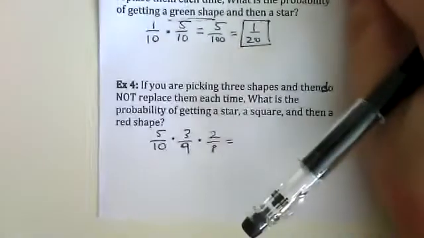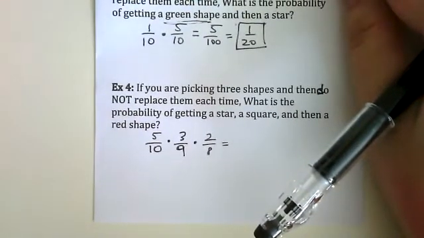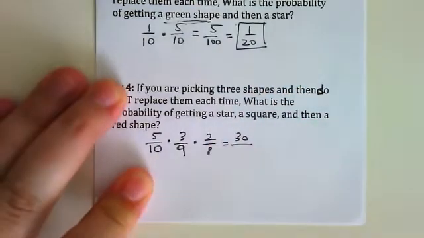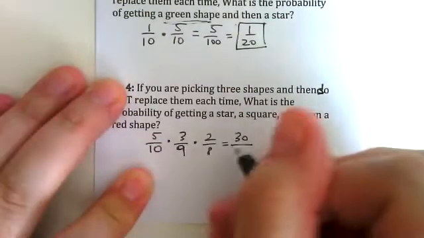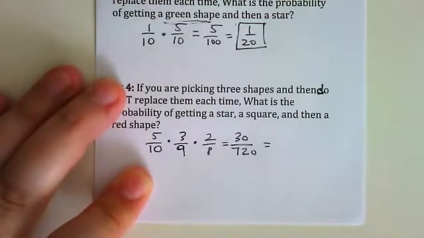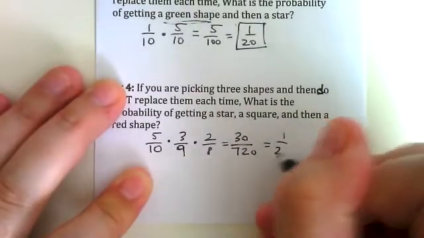So I'm doing 5 times 3 times 2. And I get 30 out of 720. And then I just need to divide them and see if they simplify. And it simplifies to 1 out of 24.